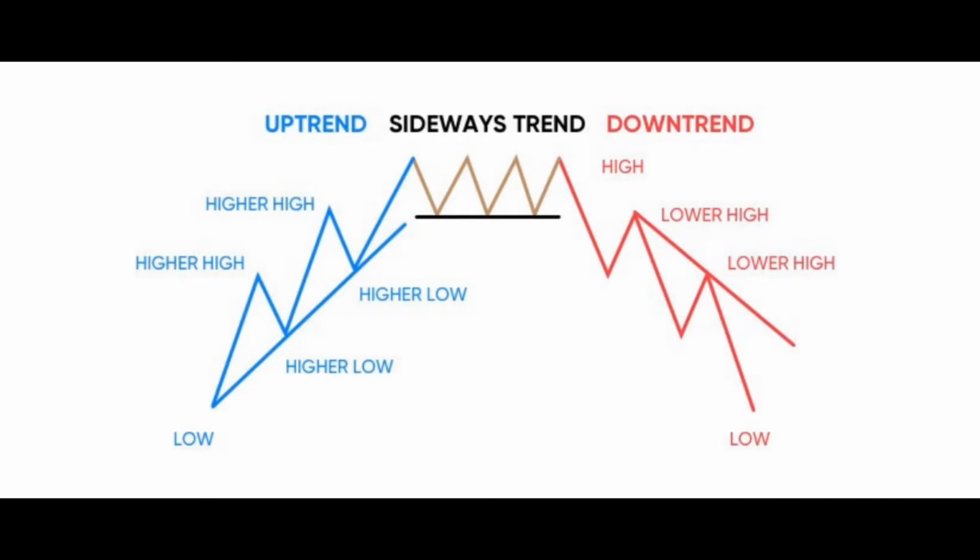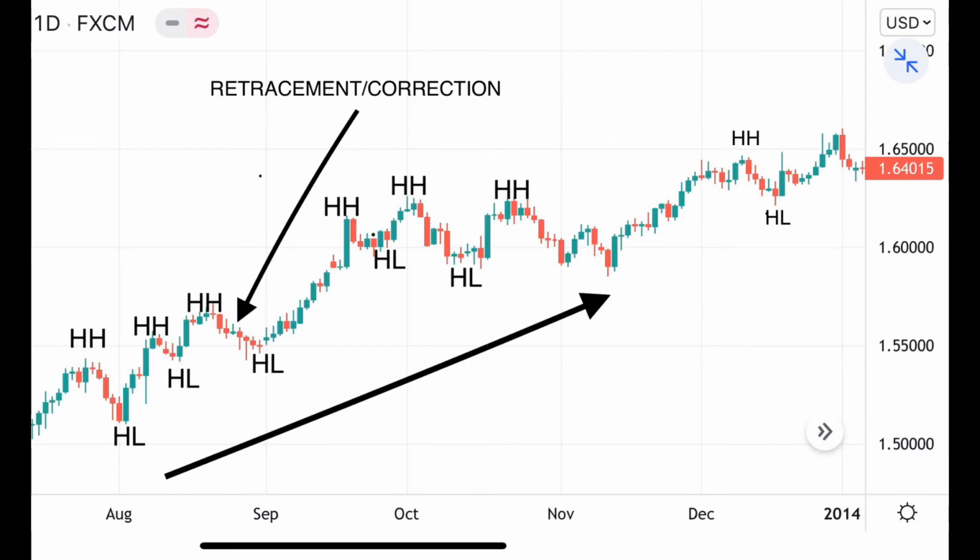Guys, you should know that trends are not always this perfect. It's actually not a perfect trend, and I'll show you this in the next slide. But you just have to know that it's making a series of highs and lows. As you can see, this trend is an uptrend, as the arrow is showing.